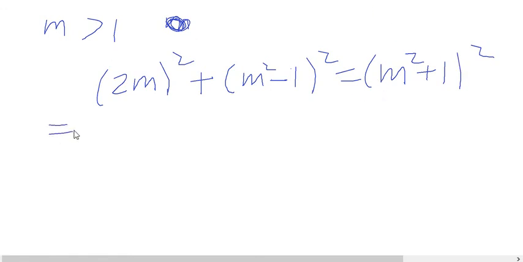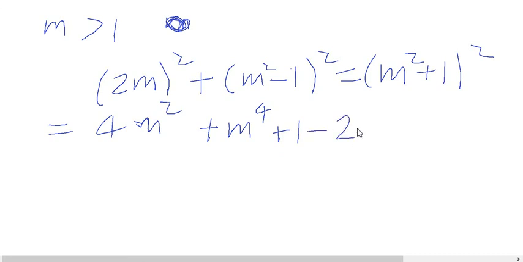For proving it, we just expand: (2m) square is 4m square. For (m square minus 1) square, we have to find the square of a difference of two numbers. You remember the formula a square plus b square minus 2ab. So (m square) square is m to power 4, plus 1, minus 2m square. And (m square plus 1) square is m to power 4 plus 1 plus 2m square.